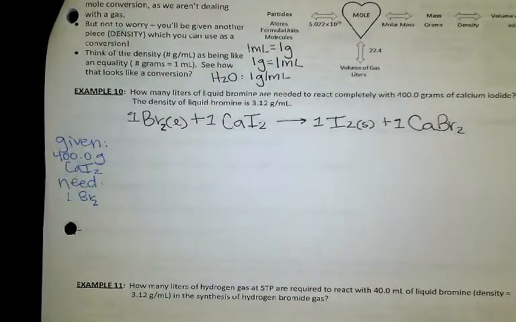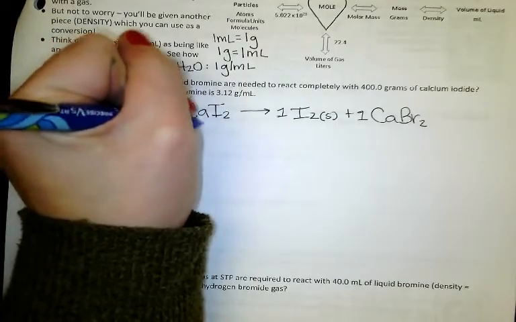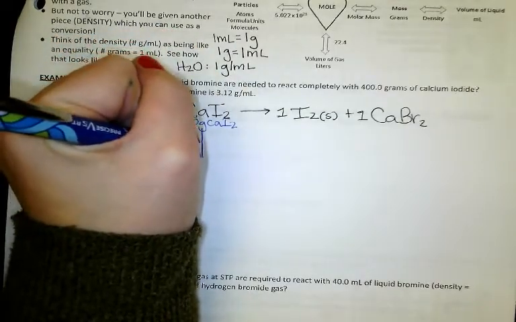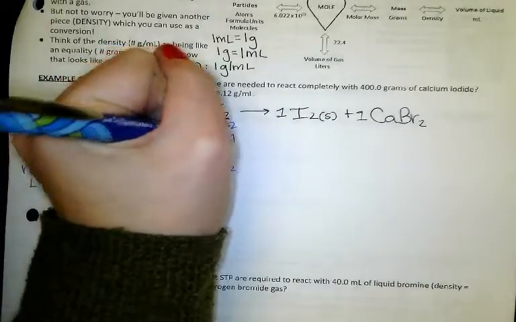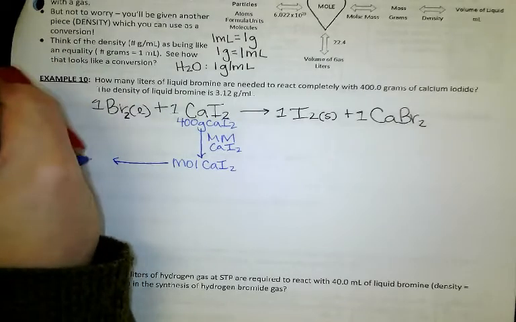So we're starting with grams, 400 grams of calcium iodide. We're going to convert grams of calcium iodide to moles of calcium iodide using the molar mass of calcium iodide. Then we're going to convert moles of calcium iodide to moles of bromine using our coefficients.